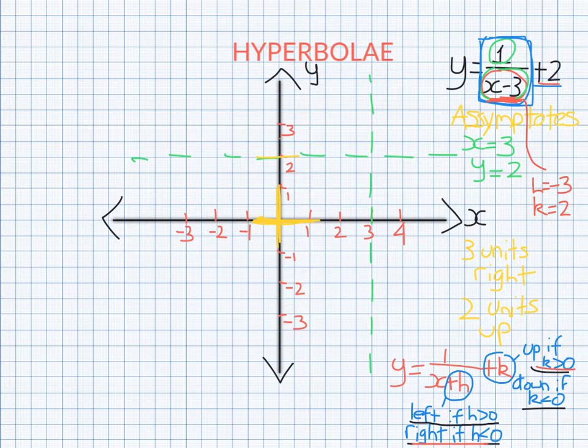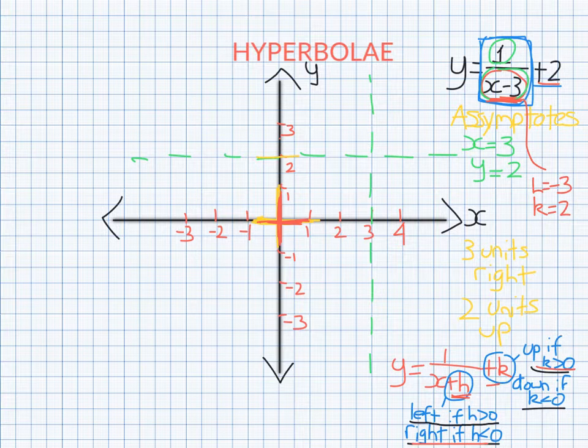So when I say we're shifting the graph, think of it as shifting the asymptotes. The asymptotes are normally x and y equal to 0, so x equals 0 is this asymptote, y equals 0 is this asymptote. We shift the asymptotes depending on the values of h and k. Otherwise, it's the exact same graph as y equals 1 over x.